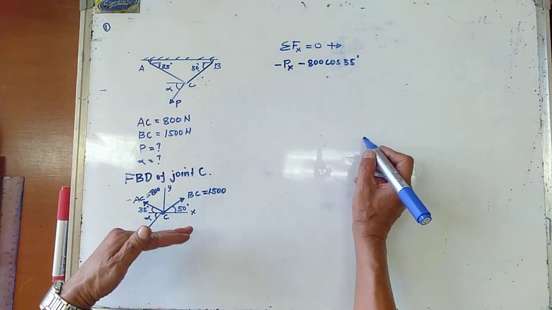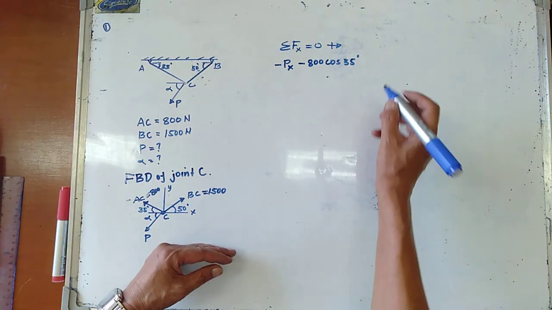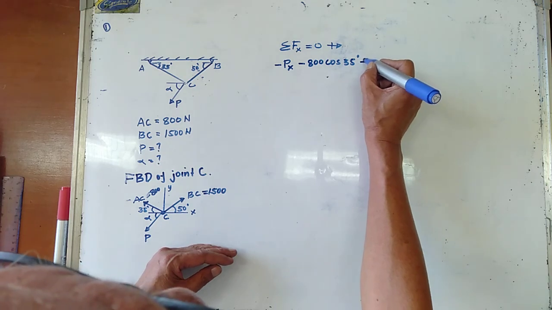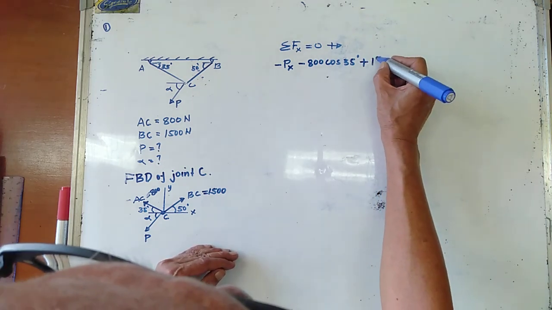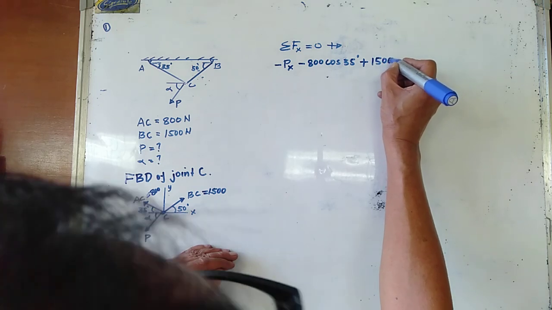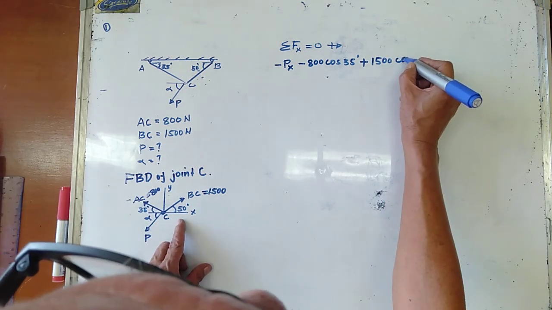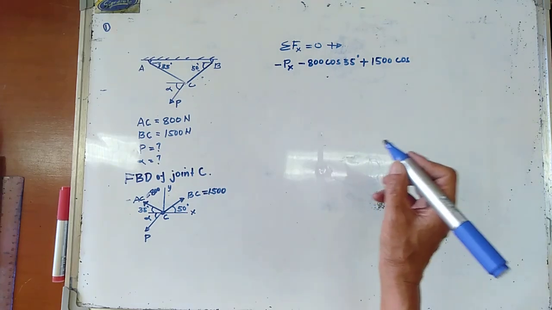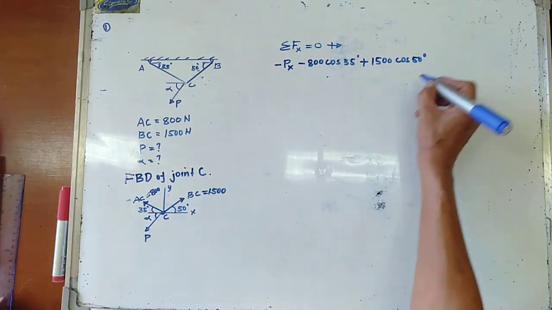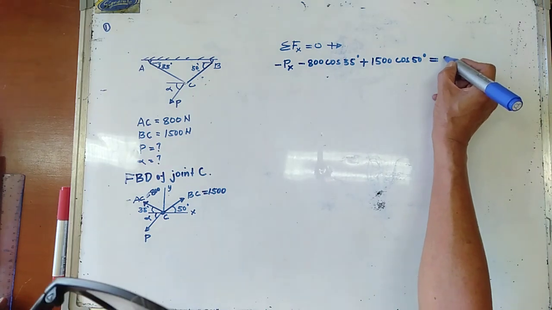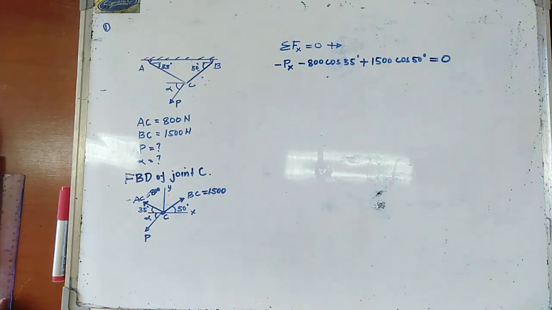Now the tension in cable BC, the x component is going to the right, so we have positive 1,500 newtons cosine of 50 degrees, and this is equal to 0.